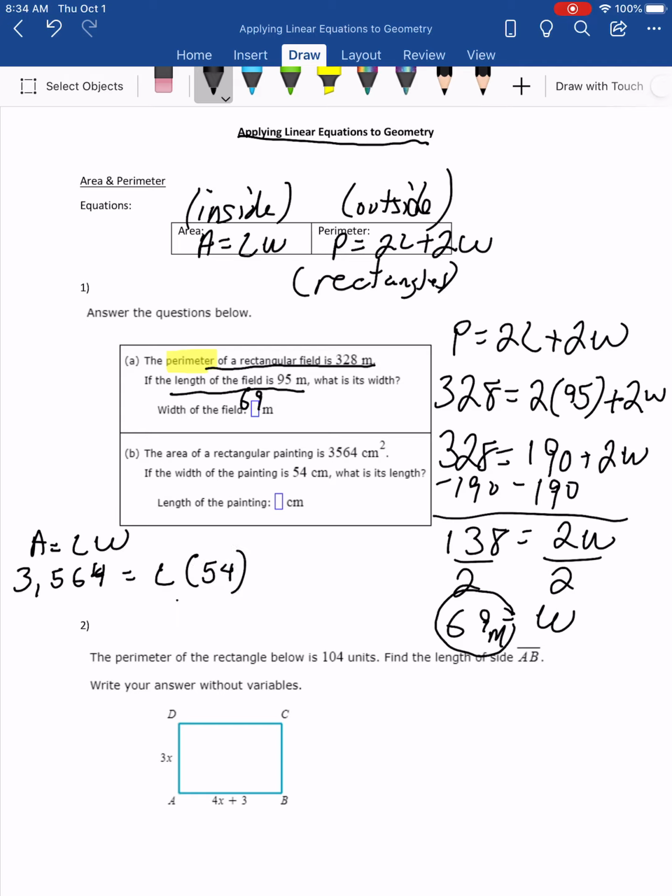Can rewrite that. 3564 equals 54 L, and of course we will divide each side by 54.